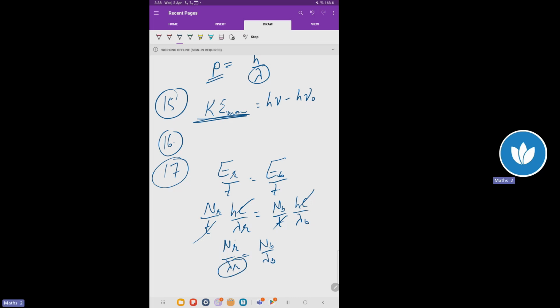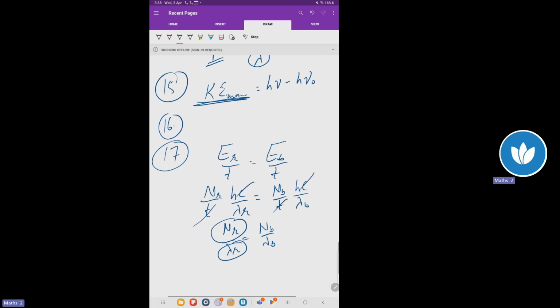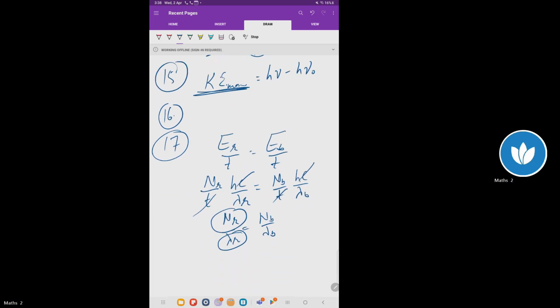For a longer wavelength, the number of photons is larger. NR is greater than NB.